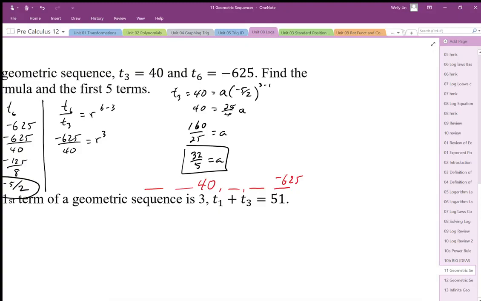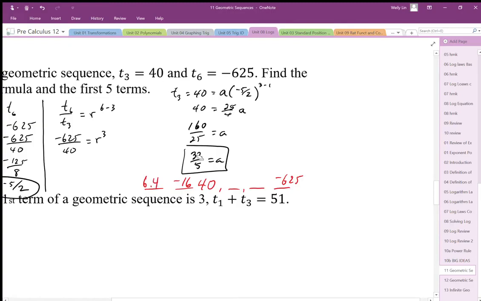Our multiplier is negative 2.5. So if I go 40 divided by negative 2.5, I get negative 16 as T2. Then I divide again by negative 2.5 and I get 6.4 as T1.